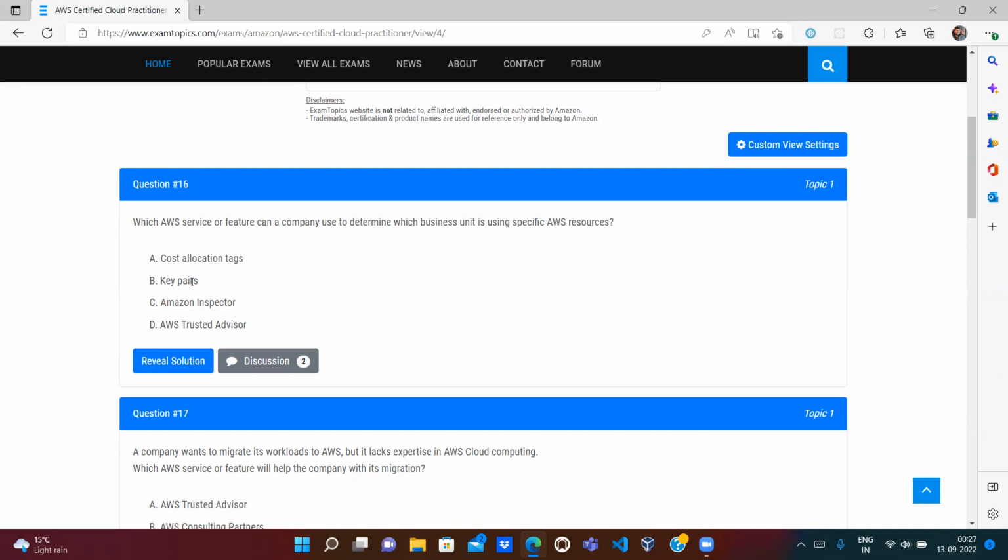A key pair is not that kind of service or feature. Amazon Inspector is a different service for security scans. Trusted Advisor is also a different service, just to get cost optimization and performance recommendations. So all these are eliminated, only A is correct.